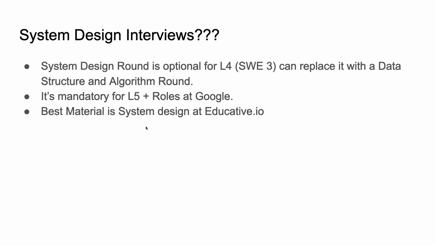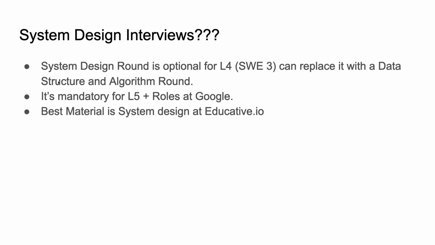Moving ahead, what about system design interviews? Let me clear a myth. The system design round is optional for the L4 level. L4 is also known as software engineer 3, and we can replace it with a data structure and algorithm round.